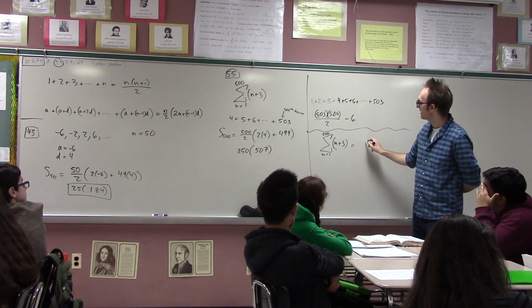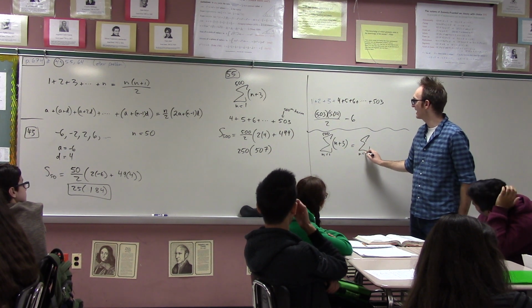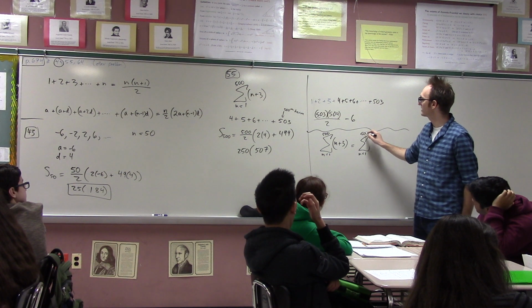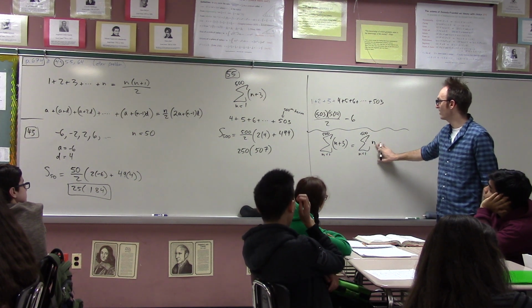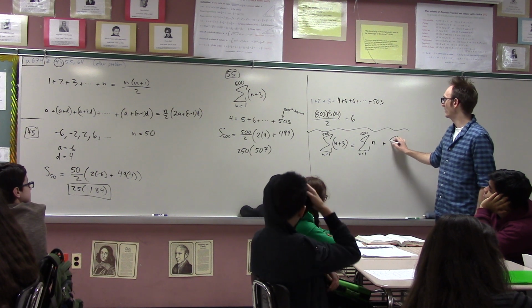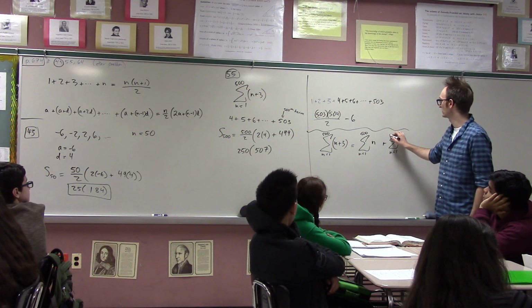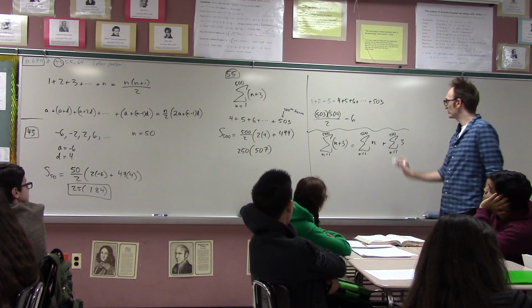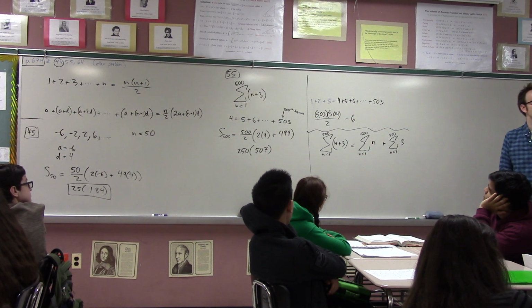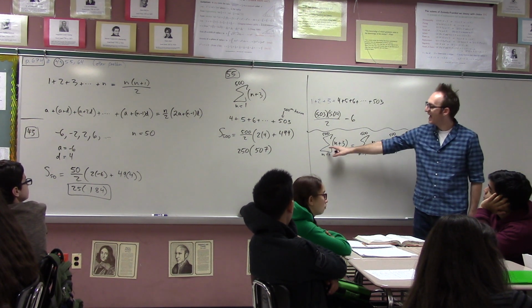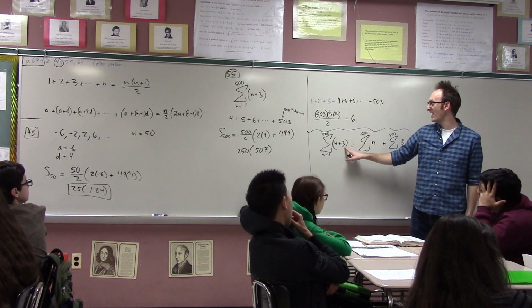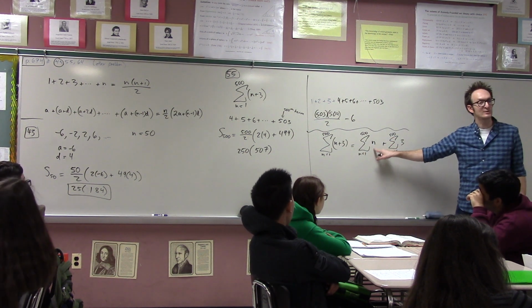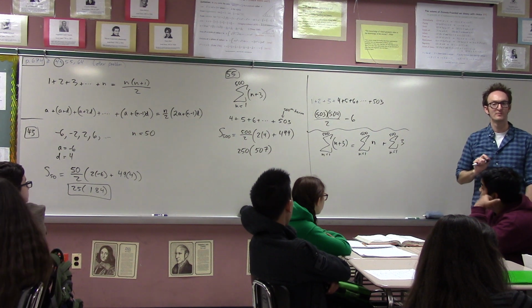So really, I could think of that as adding n a bunch of times, and then adding 3 a bunch of times. So I'm using a property of sigma notation, which says if I'm adding two numbers 500 times, then the order doesn't matter, so I could add the first one 500 times and then the second one 500 times. Follow? Follow.